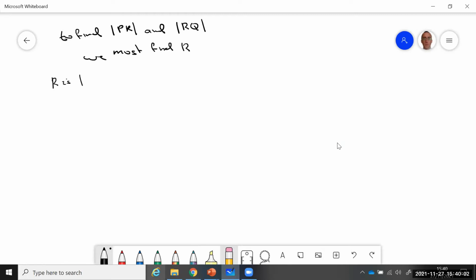R is the intersection of L and the line PQ. Okay, so this screams simultaneous equations. So we have to find the equation of PQ.